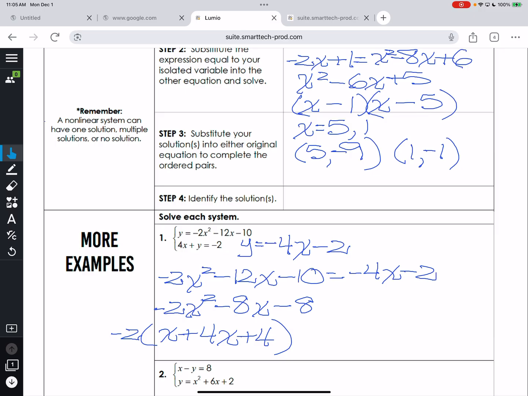So two factors that equal 4 that when you add, you get 4. What if I brought them all out positive? Then it's wrong. I don't have negative 2 on the outside, I just have 2. Well, if you're going to factor, you need your lead coefficient to be positive. What I did was at the very beginning, I moved all of the ones on the left to the right, so they'd all be positive.